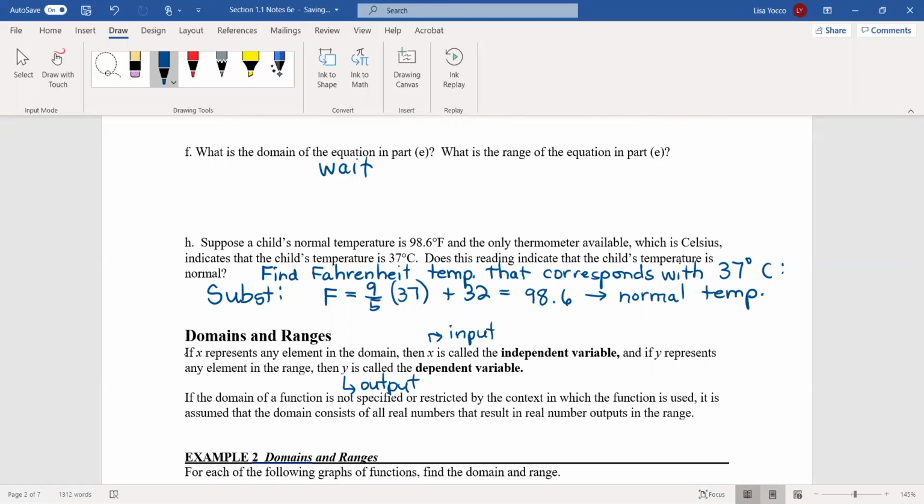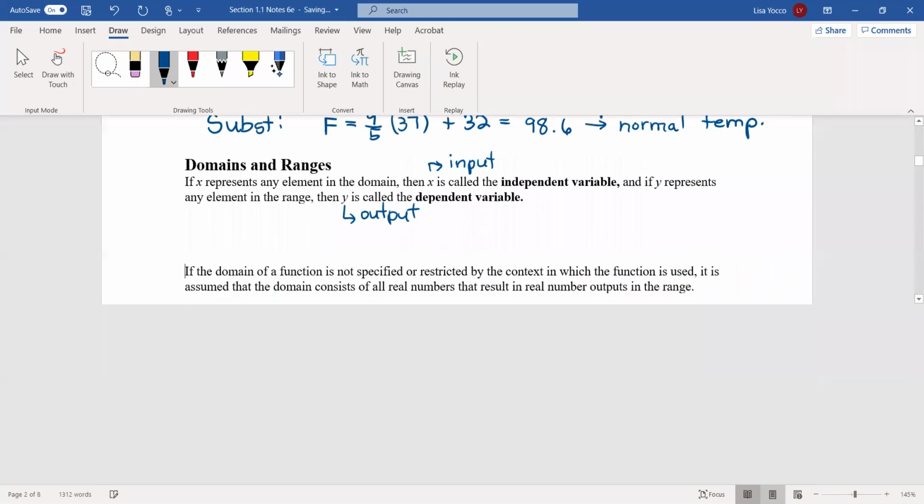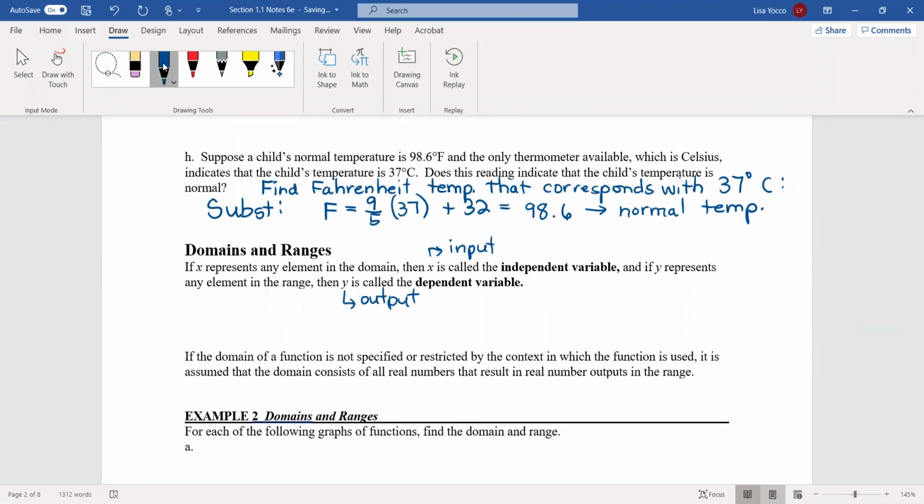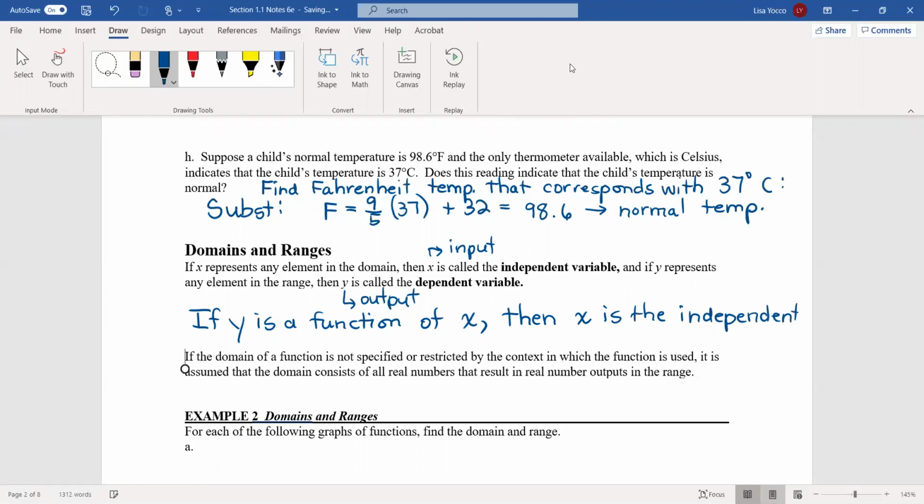All right, so suppose we say Y is a function of X, then X is going to be the independent variable and Y is the dependent variable.